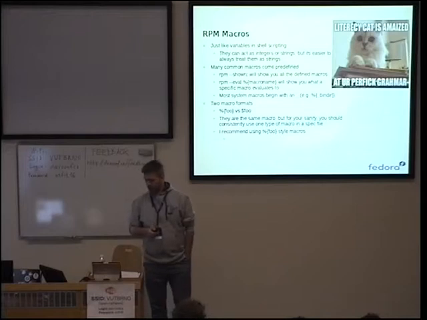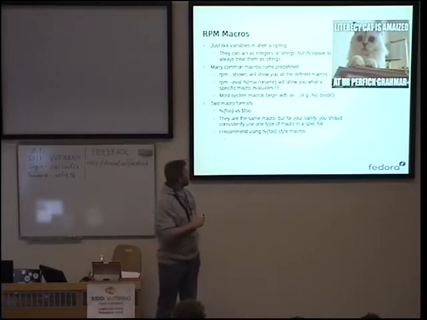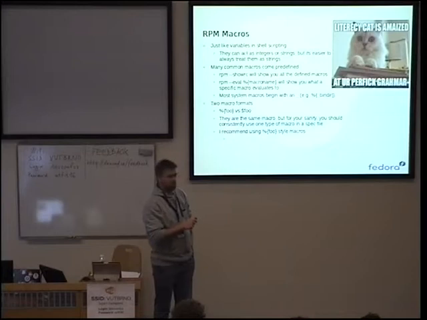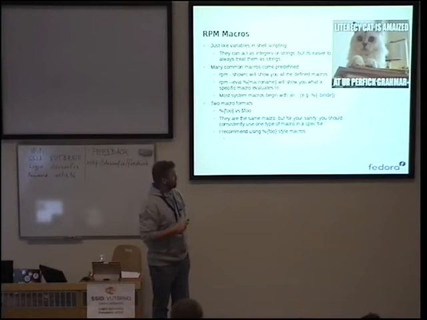Most of the system macros begin with an underscore, like _bindir, which expands to /usr/bin. It's good to remember some of those system macros, like _bindir, _sysconfdir, or something like that.